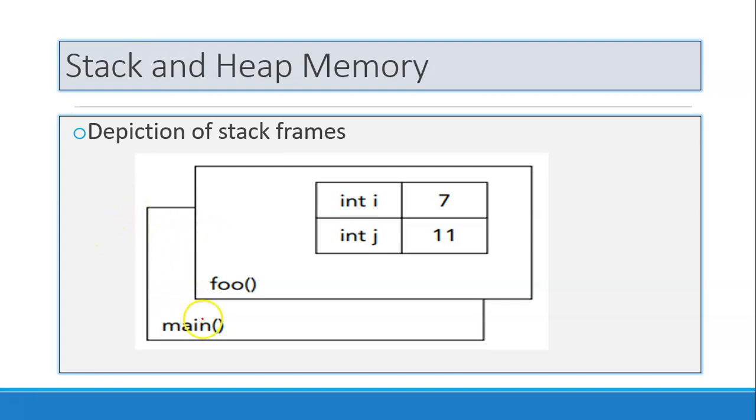We have the first one, which is for main, and we have created another one for a function called for, which has 2 variables, i and j, with values 7 and 11. So this for is on top of main. After executing for and everything is done, the control is returned to the main function, and this frame is going to be destroyed. By destroying this frame, even the variables that were declared within that function, which are i and j in our case, will be destroyed as well.